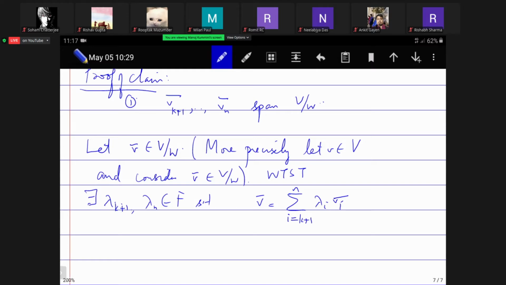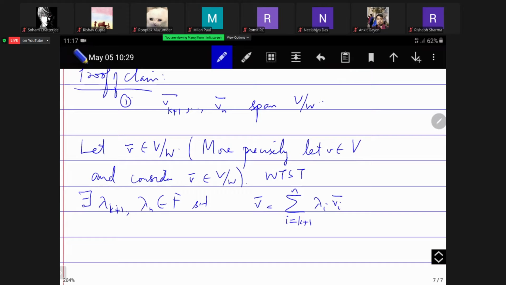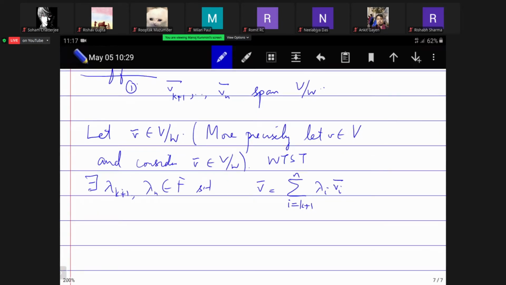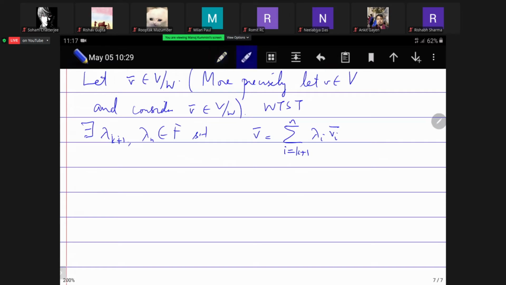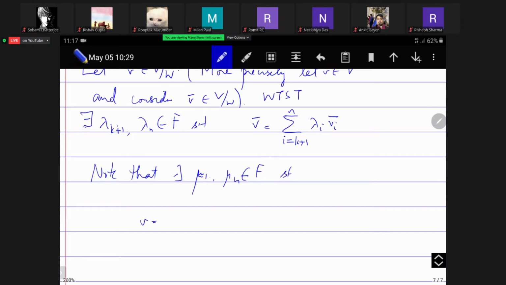And what data do we have? We have that this is a part of a basis, and the remaining elements are inside W. So note that there exist some mu_1 through mu_n inside F, such that v is the sum of mu_i w_i, i goes from 1 through k, plus the sum of mu_i v_i, i goes from k plus 1 through n.